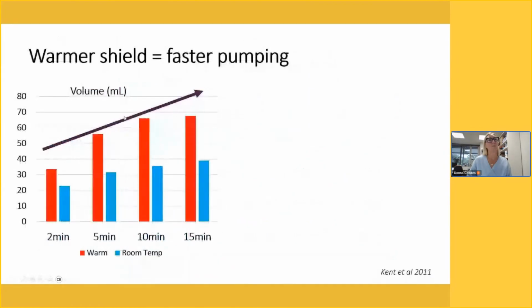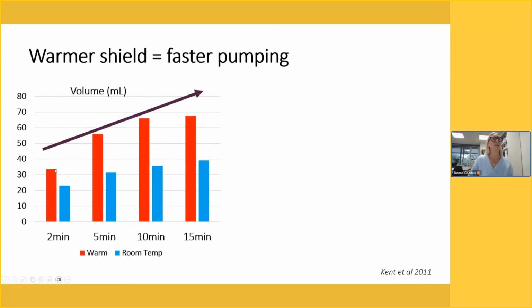The other thing we have looked at is warmer shields, so warmth. So in light of current practices, some mothers may be putting their shields and bottles in the fridge and then applying that cold shield and bottle to the breast again for a pumping session later in the day. You can see in the red, I've made that red because that's 37 degrees Celsius.